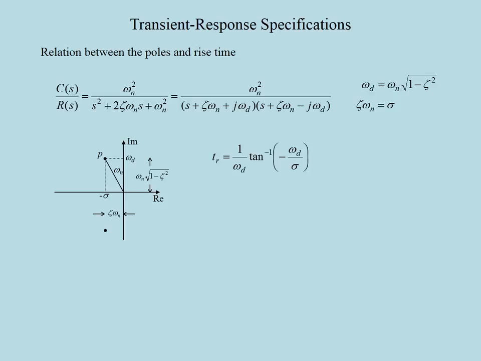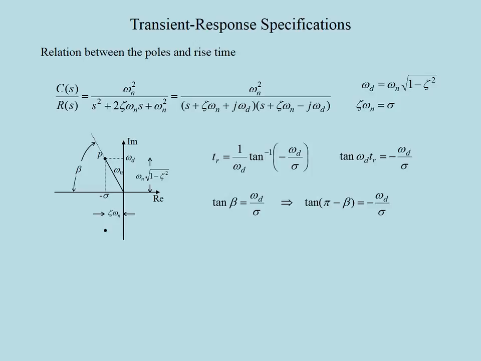Revisiting the formula we derived for t_r, we note that the ratio omega_d to sigma is the tangent of the angle between the pole and the negative real axis. In other words, minus omega_d by sigma will be the tangent of pi minus beta.